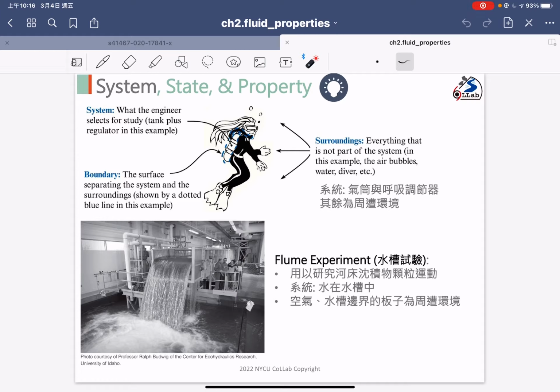So sometimes we do the river process in the laboratory. And then if we can understand and figure out some physical phenomena, we can go outside to look at the result. Okay, so for this experiment, the system is the river channel in the laboratory, and the water and the air condition, right? So the total system is not difficult to understand by yourself.